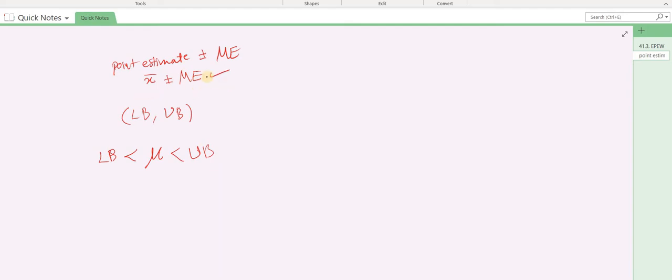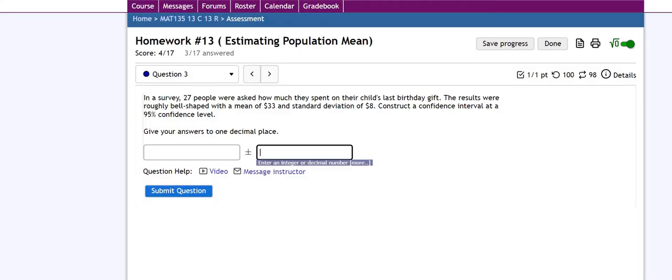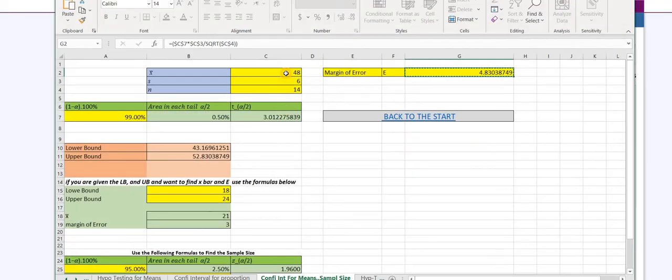And this is the way represented in this specific question. So I know that I will put x bar in the first box, and I will find the margin of error and plug it into the next box. So I'm just going to head to Excel and I will change my numbers. I know that x bar is 33 from the question, s is 8, and n is 27.